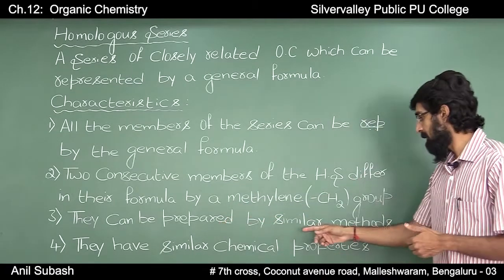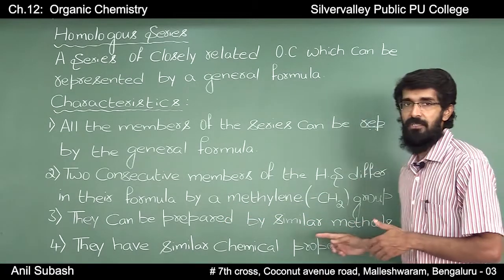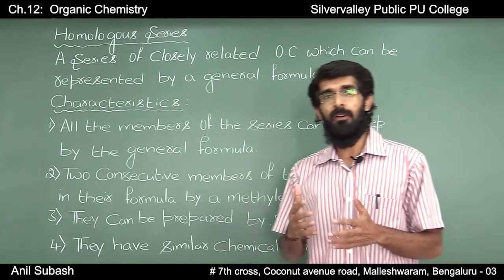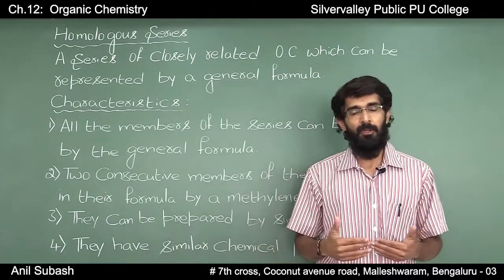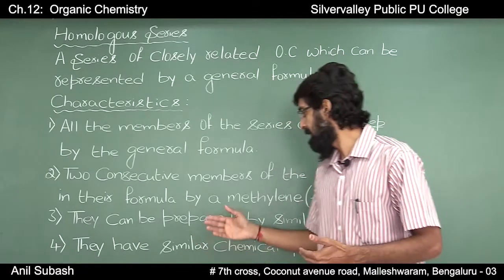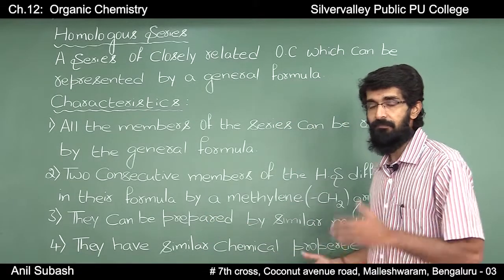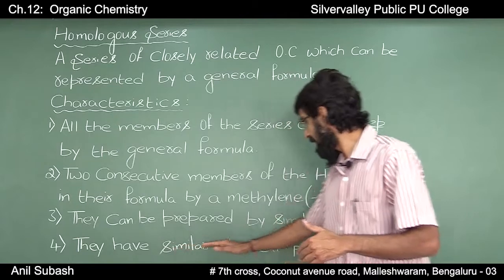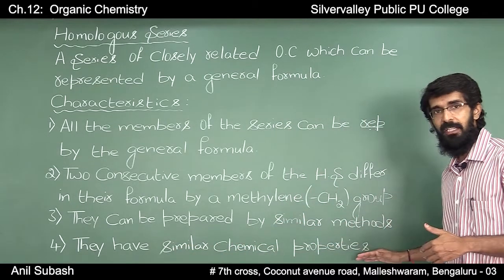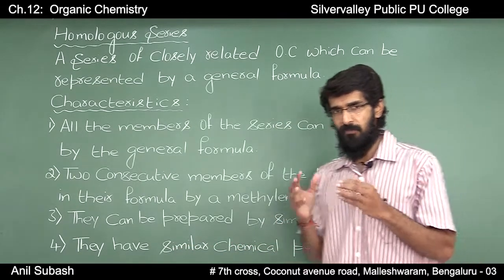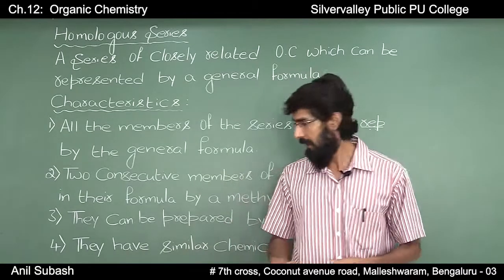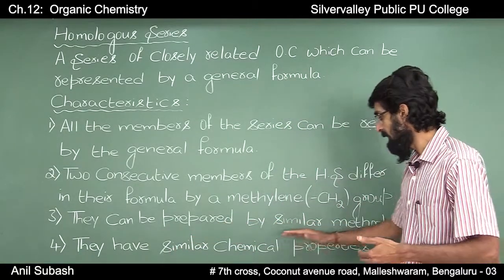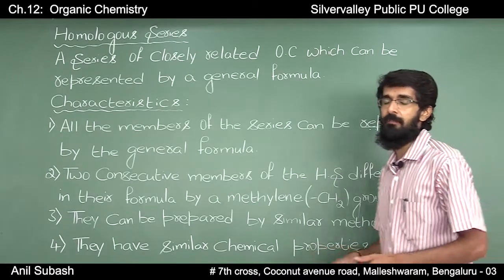They can be prepared by similar methods. Since they belong to the same class of organic compounds, they can be prepared by similar methods, and they exhibit similar chemical properties. That is, the compounds which belong to the same homologous series will have the same chemical properties.